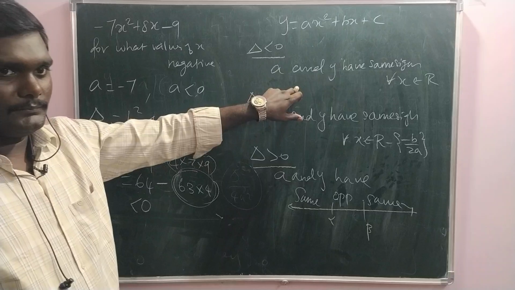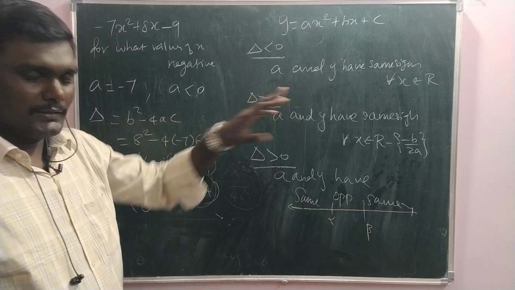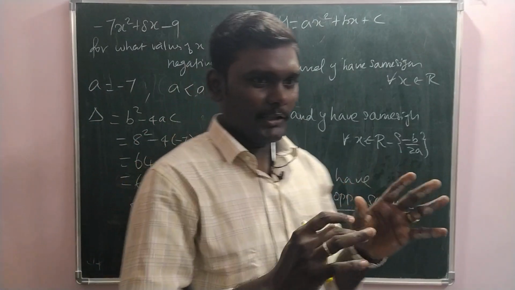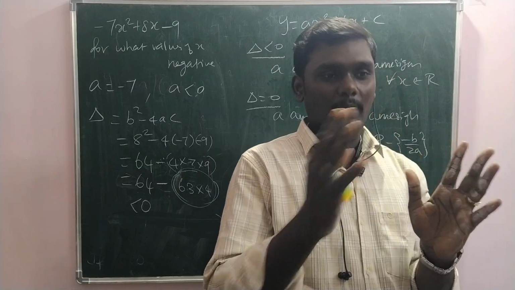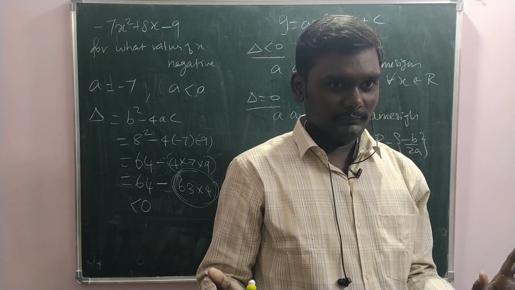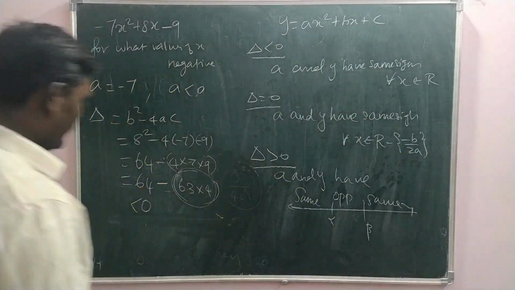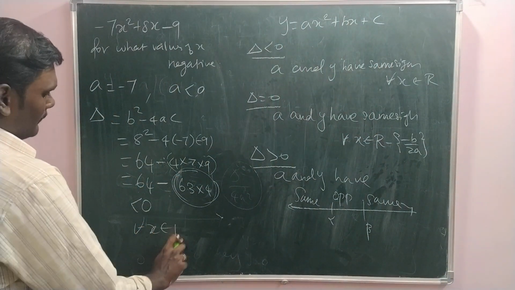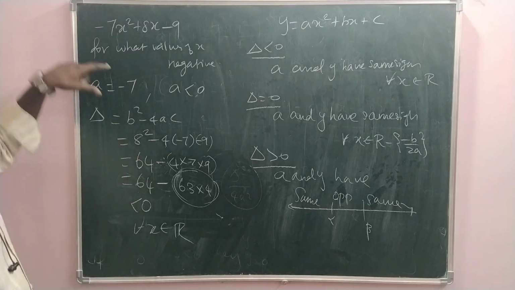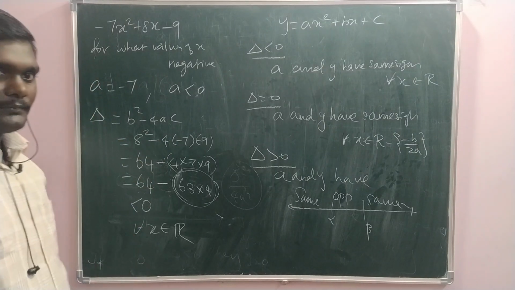So this case should be simple. Delta is negative or 0. a and y have the same sign. That's all. But for what values does it differ? Here, for all x belongs to R, it is negative. As a is negative, this is also negative.